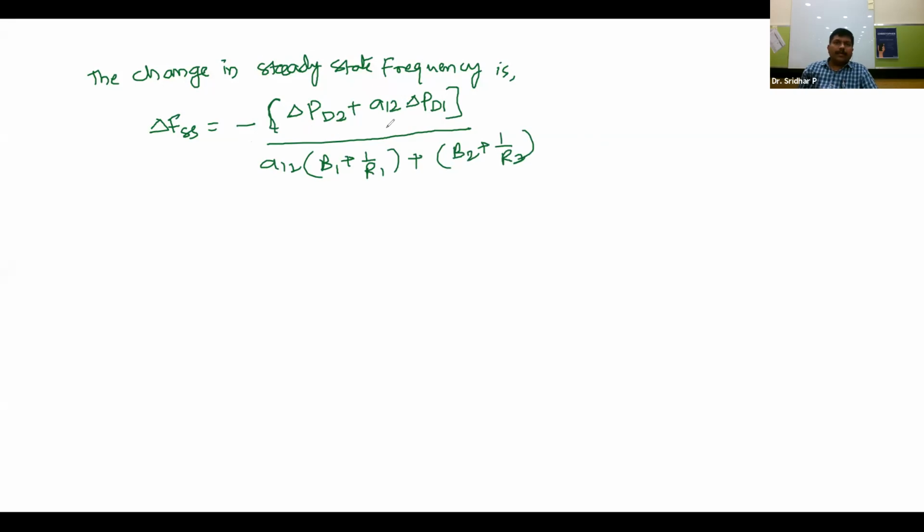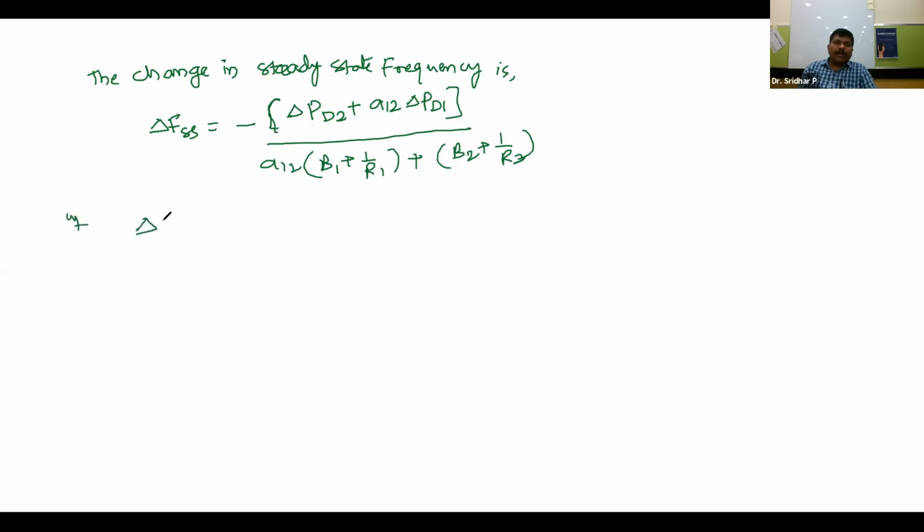So delta PD2 plus A12 into delta PD1. How we achieved this expression: in the previous case, if you rearrange these equations, delta FSS is equal to minus of delta PD2 plus A12 into delta PD1, divided by A12 into B1 plus 1 by R1 plus B2 plus 1 by R2.